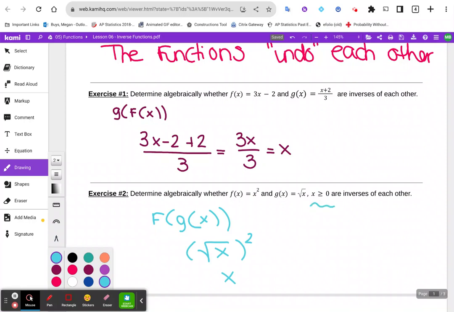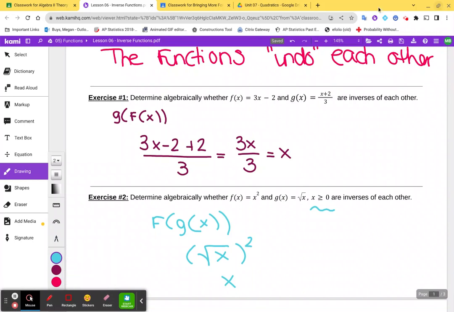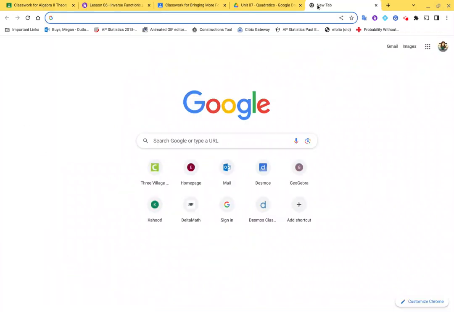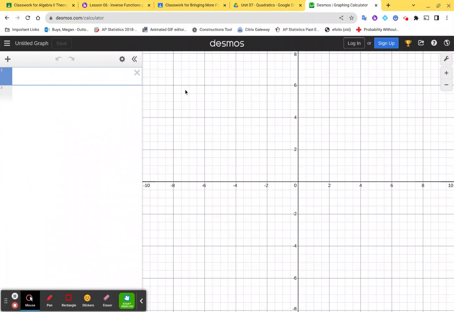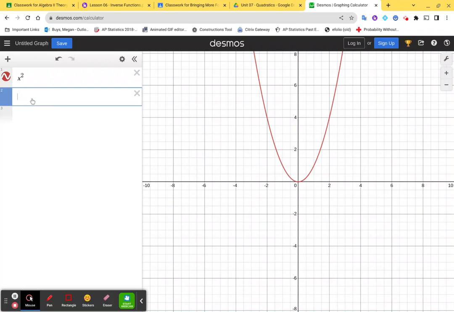Let's go see why. If I take a quick minute, bear with me as I rewrite my screen here. I'm going to add a tab for Desmos. And when I look at x squared and the square root of x, you can kind of see a relationship here.